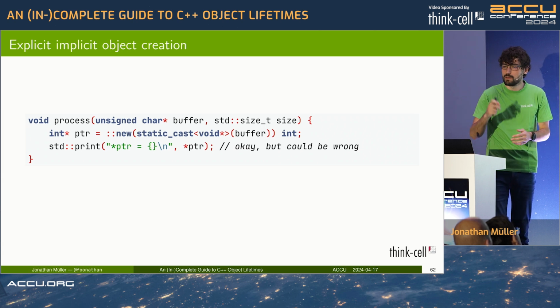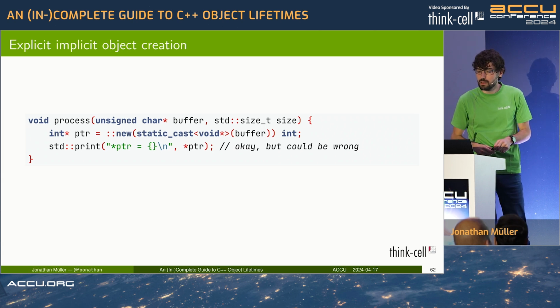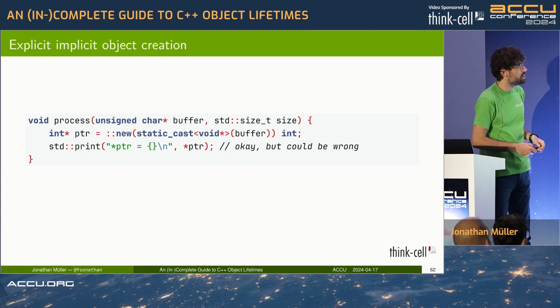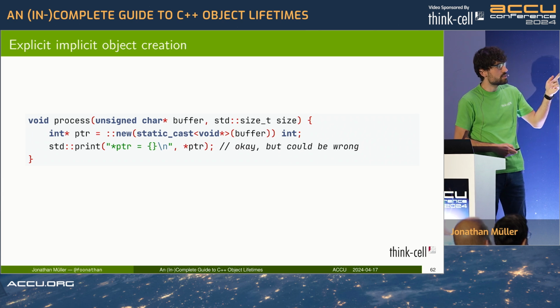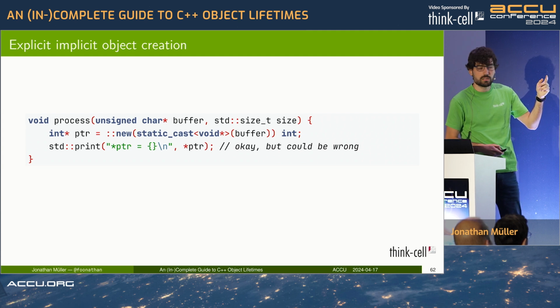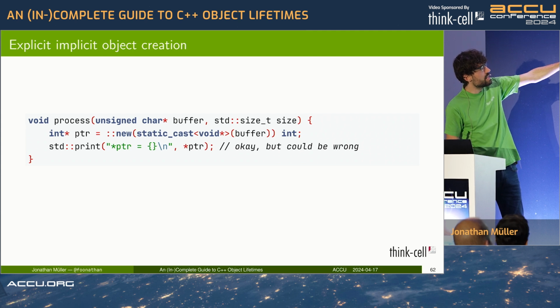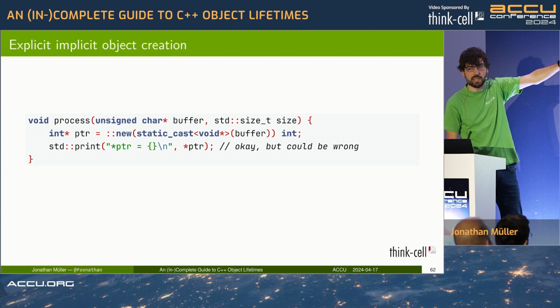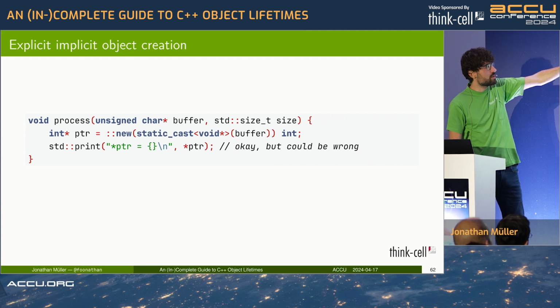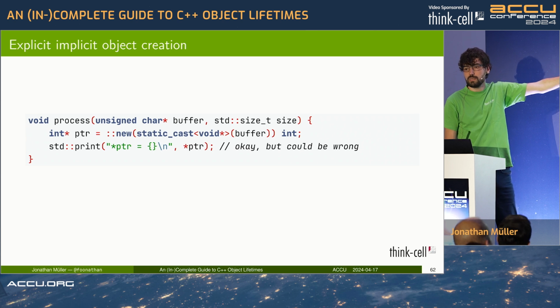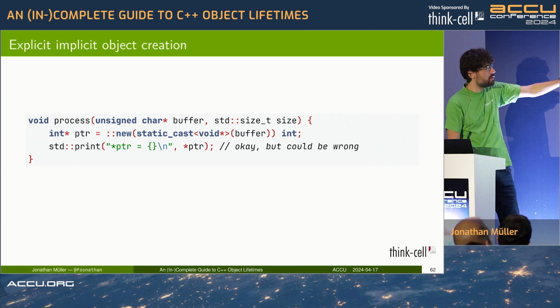What we want, yes? No, I don't see a C-style cast. We're static casting, and placement new of an int returns an int star, so this always has the correct type, and then we're casting an unsigned char pointer to a void star, but this is a static cast.